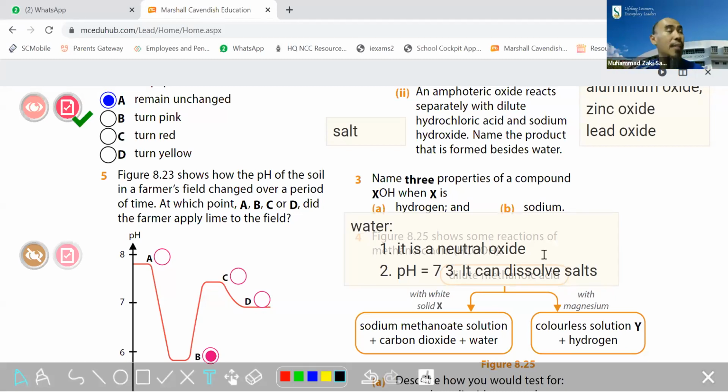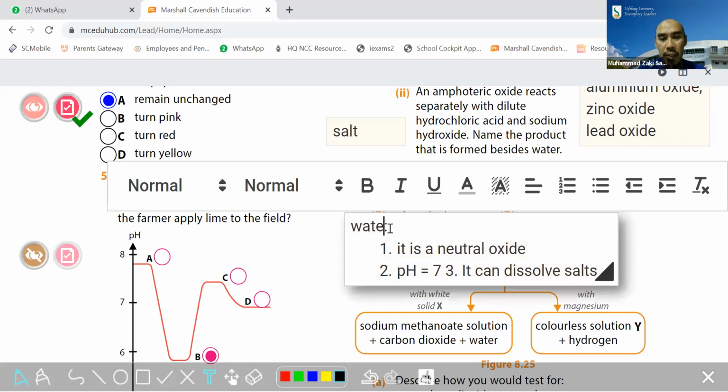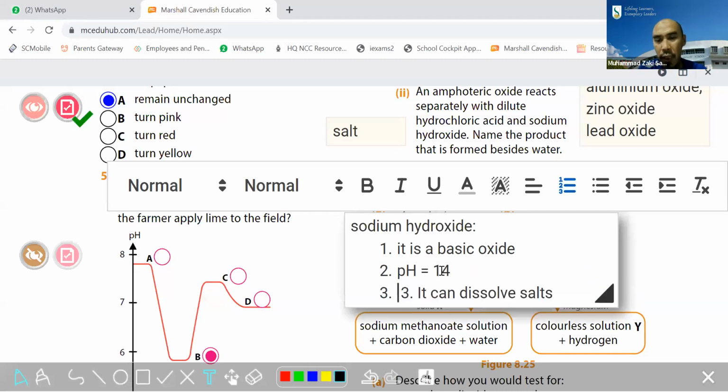Now, how about if sodium reacts with hydroxide? It will be the opposite. It will be sodium hydroxide. So sodium hydroxide is not neutral, its pH can be said to be 14.